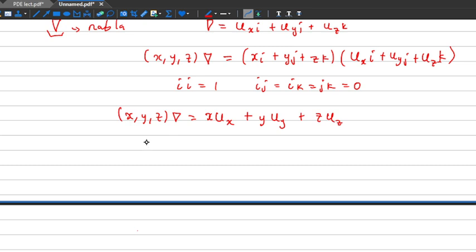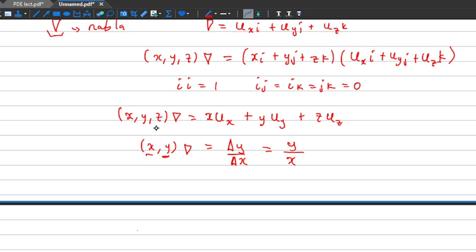Now, what is this telling us? The gradient is rise over run. Suppose we have two vectors, x, y, nabla. This is the same thing as the change in y over the change in x. You see that? So this is the meaning.